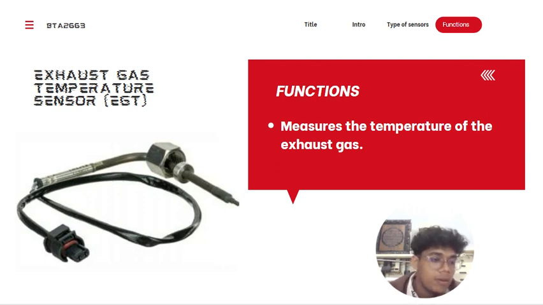Now, an EGT probe is not often used on gasoline engines, but it can be useful to protect the turbocharger and the catalytic converter from thermal overload. EGT probes are often used on turbo diesels and diesel engines to verify that the DPF, or diesel particulate filter, has reached a sufficiently high temperature for regeneration.